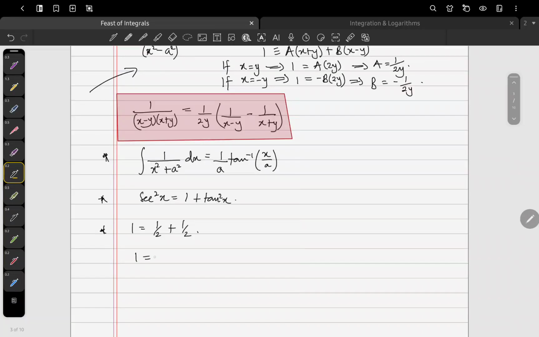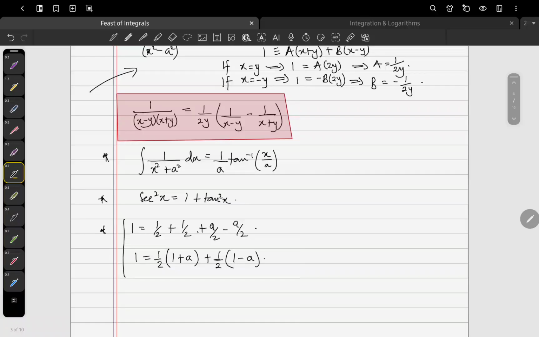So 1 is equal to half of (1 plus a) plus half of (1 minus a), because it's just like adding a over 2 and subtracting a over 2.